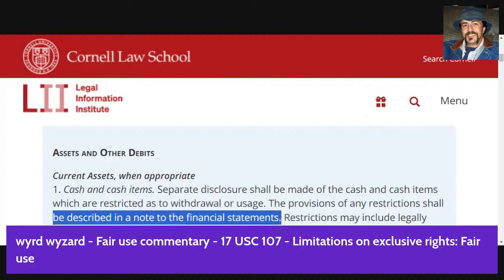The provisions of any restrictions shall be described in a note to the financial statement. Was mom and dad given disclosure of these restrictions, or were they just attached to some financial statements that somebody else made?